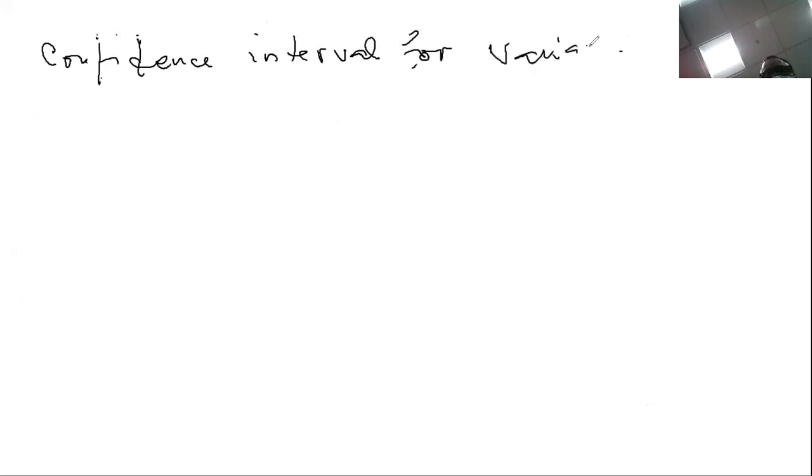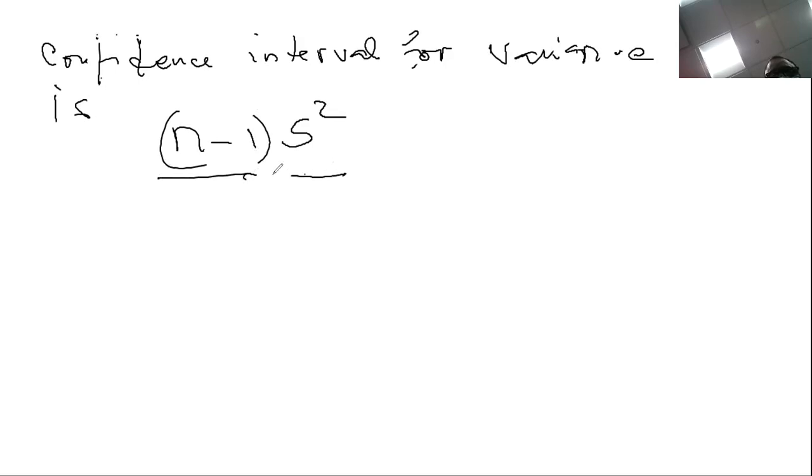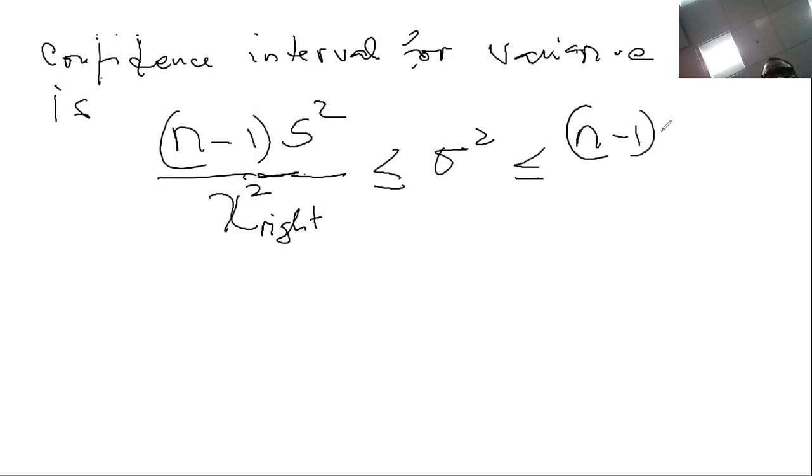So the confidence interval for variance is n minus 1 s square over chi-square right, less than or equal to sigma square, less than or equal to n minus 1 s square over chi-square left.